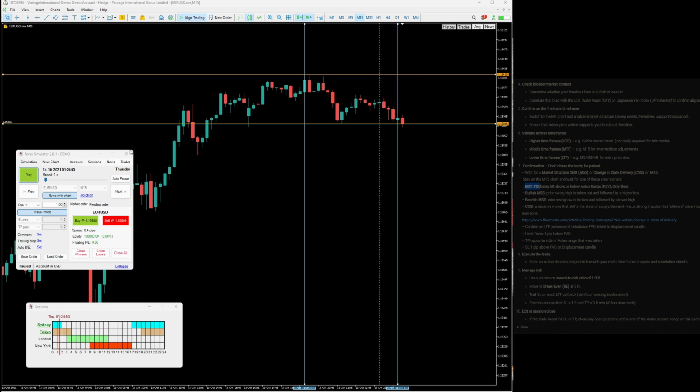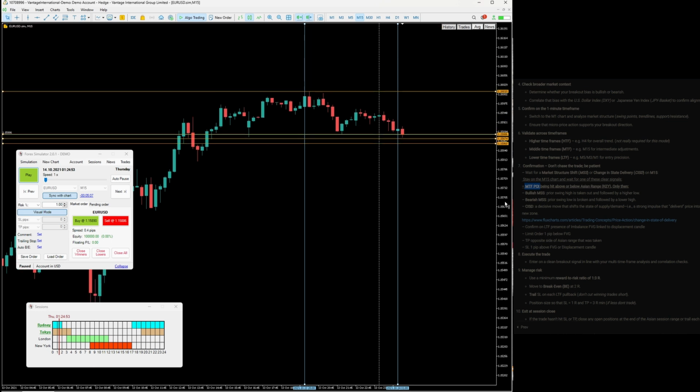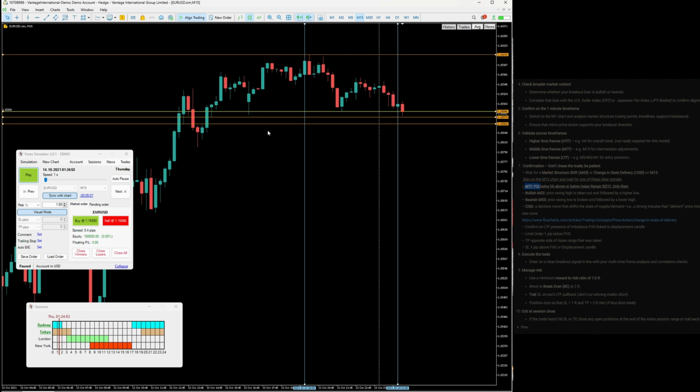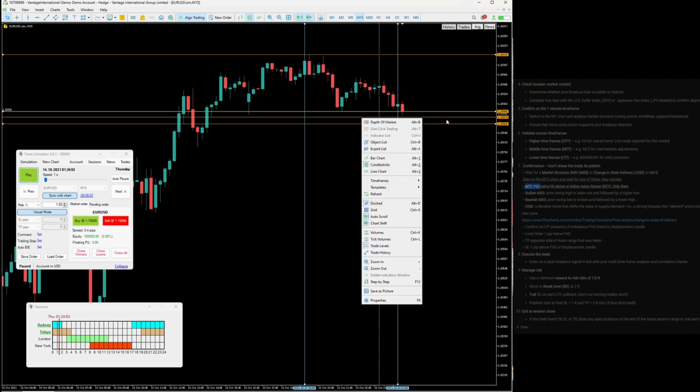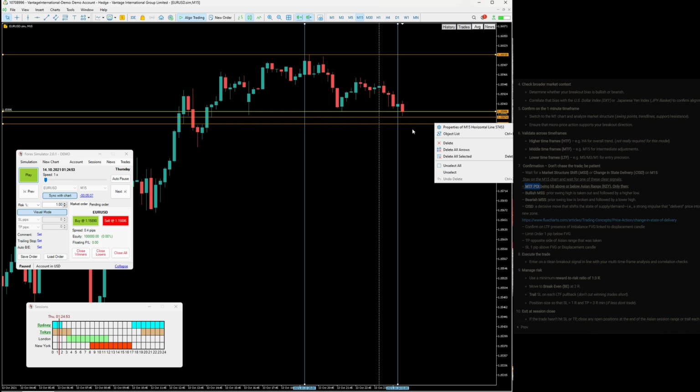Let's validate this theory. So we map the FVG here, like so, very smoothly, and then we start mapping. So let me change the colors of this because otherwise it's completely obnoxious to see this like this.